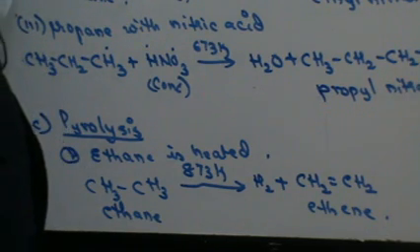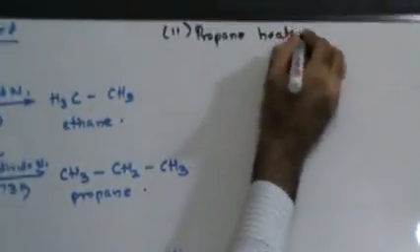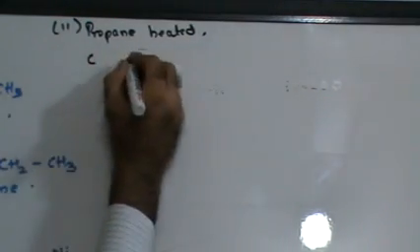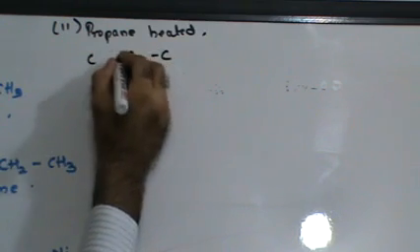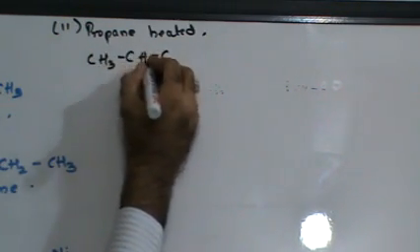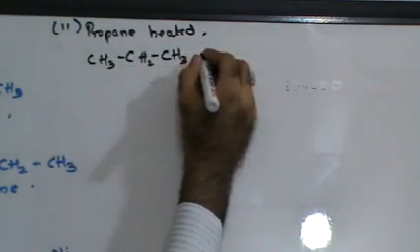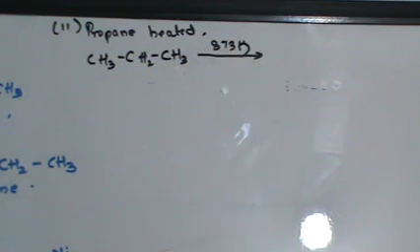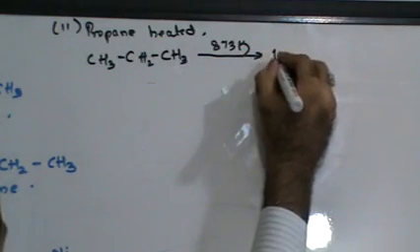What happens when propane is heated? If I heat propane, that means 3 carbon atom, right? Draw your bonds, H3, H2, H3 is heated. You heat it to 873 Kelvin. When you heat it to 873 Kelvin, due to intense heat, the bond between carbon and hydrogen breaks.